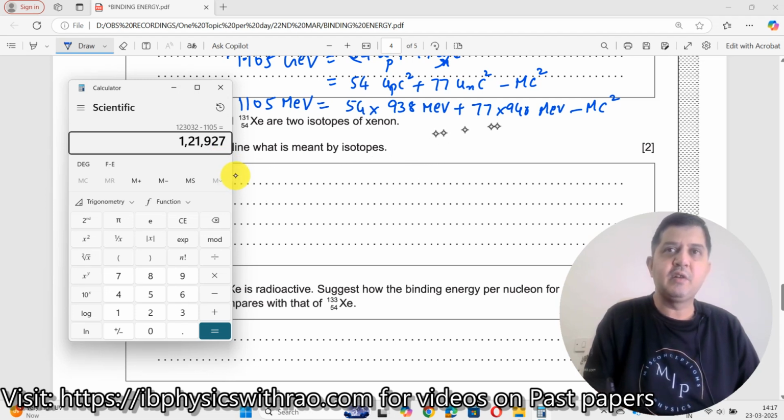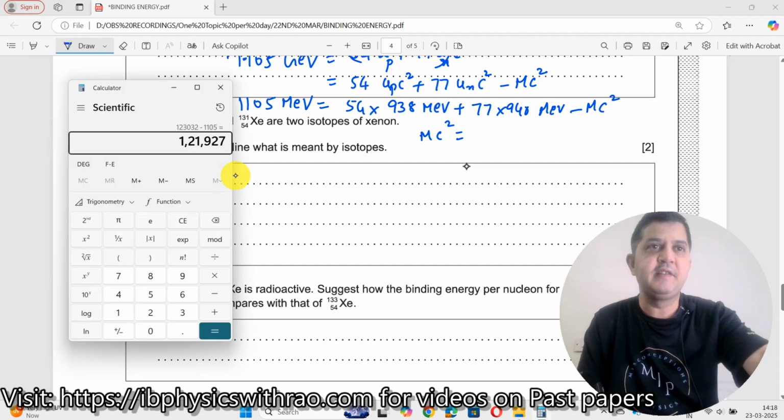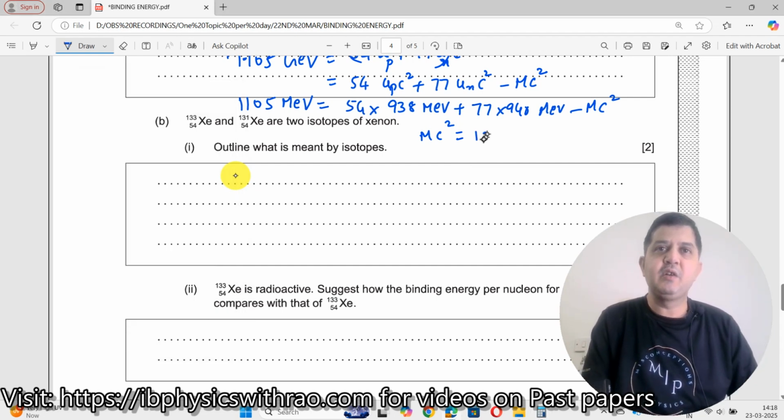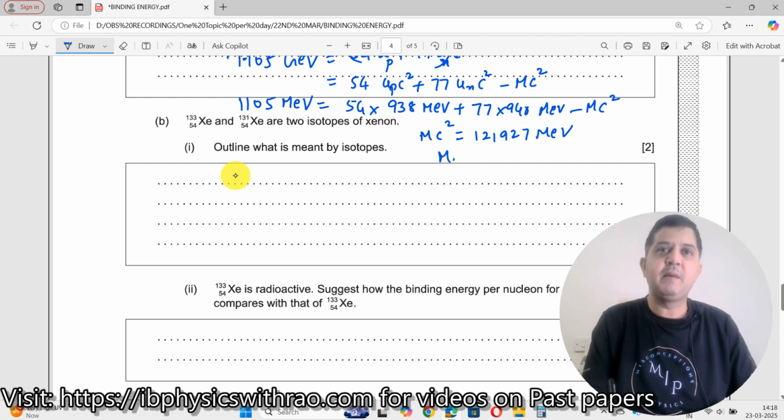So mc square goes to that side, and this one comes in this direction. Therefore mc square is equal to 121927. I need the value of m. This is in MeV. So the mass of the nucleus is equal to 121927 MeV divided by c square.